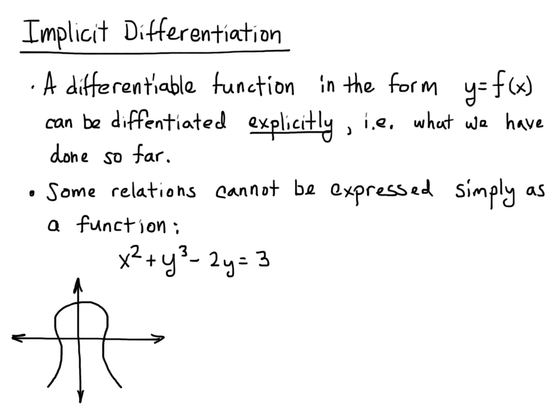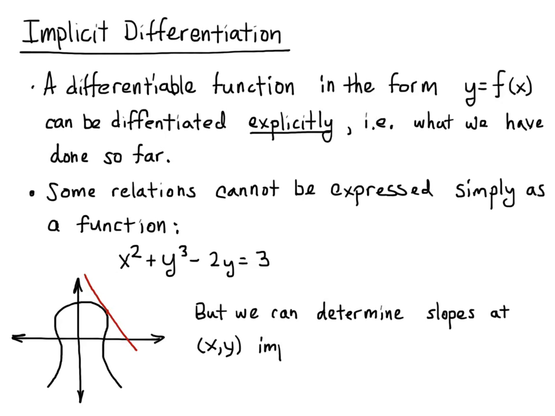There are all sorts of wild curves, and just about anything you can draw, there's some equation that goes to it. So if we want to find the derivative, the rate of change at any particular point, we'd need to be able to take derivatives of things like x squared plus y cubed minus 2y equals 3. We call that finding the derivative implicitly.